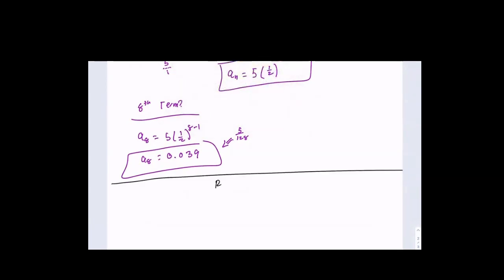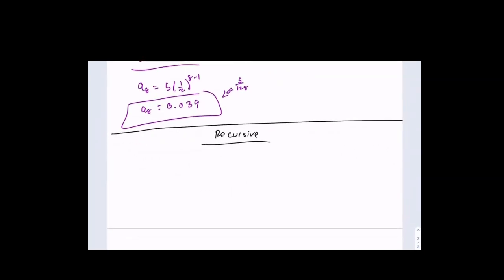We then have the recursive, finally. I know that was the title. It looks sloppy right there. So when you have recursive, once again, we can have a recursive arithmetic.